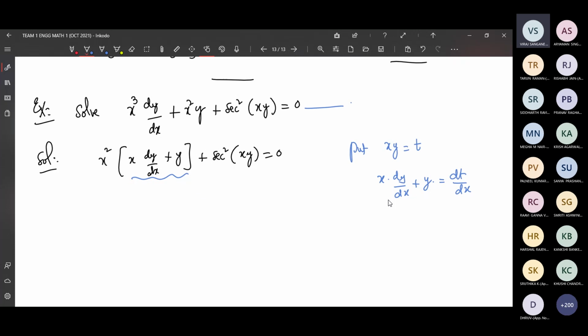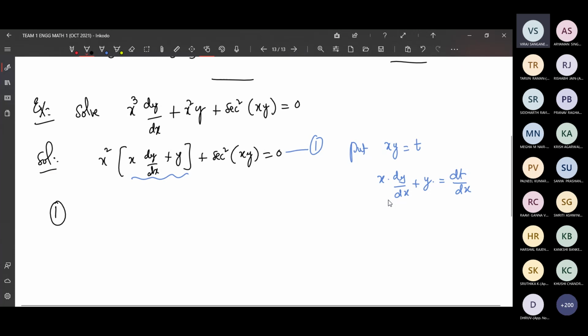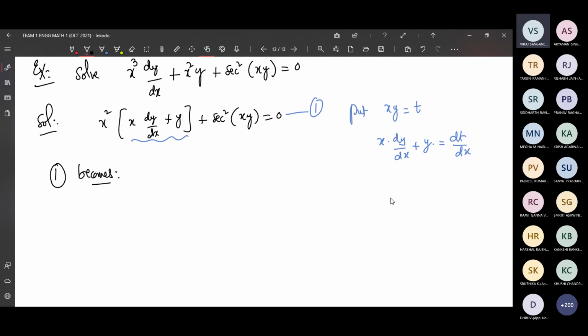If I name this as equation 1, so 1 becomes x square into dt by dx plus secant square xy, which is secant square t, equal to 0.